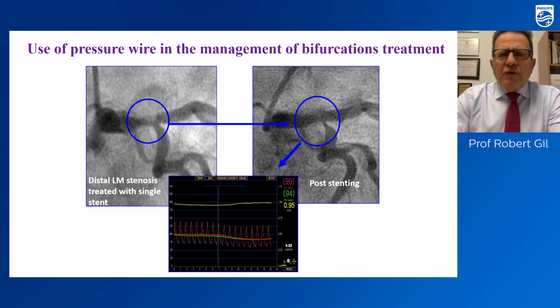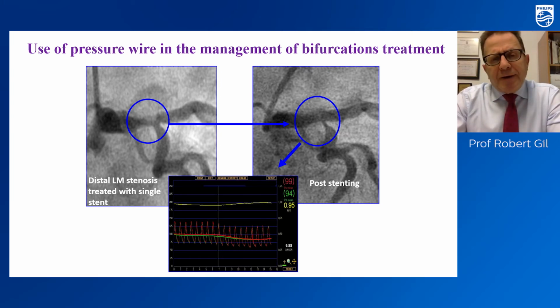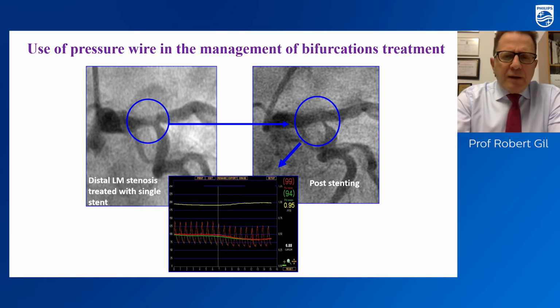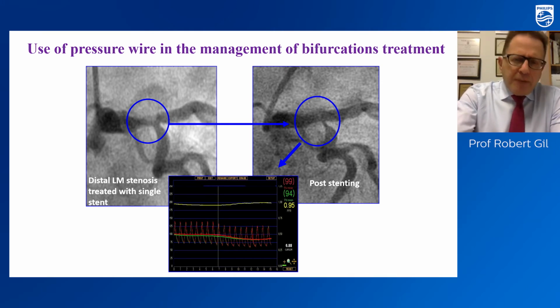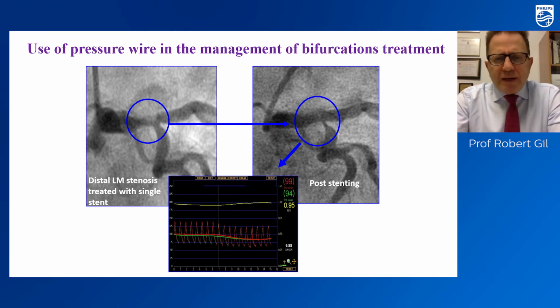And of course, we have also to remember that after main vessel stenting, we have not only carina shift, but also some plaque shift, longitudinal plaque shift, some spasm, might be dissection, and then there is a problem whether we should treat the side branch or not. Here you can appreciate the information which you can get by functional side branch assessment using a pressure wire.